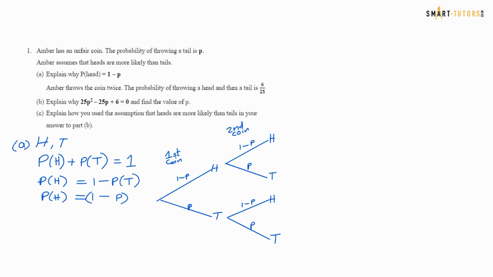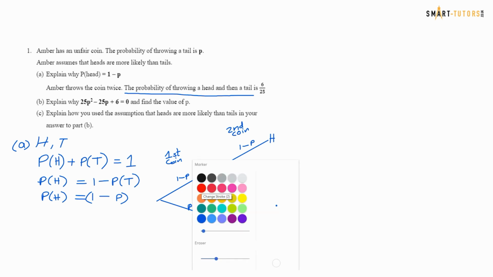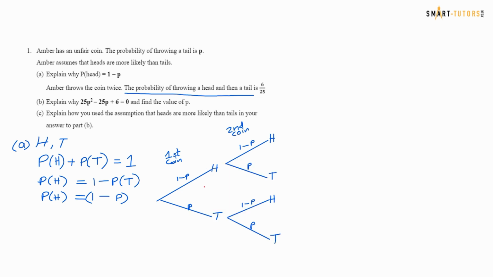Actually, you don't need to fill up everything, but read the question carefully. The probability of throwing a head and then a tail, let me change the color, explain it very first. Throwing a head and then a tail. So the order is important. I put a star mark for order.